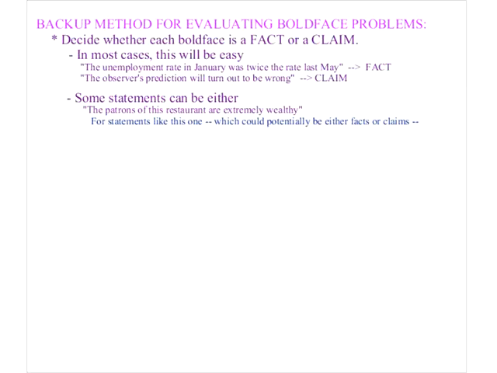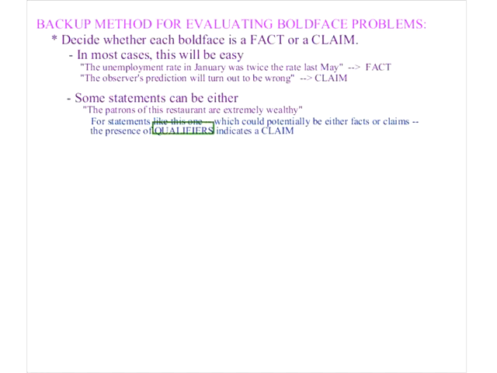But back to this, the way to tell whether these are either fact or claims, the presence of qualifiers indicates a claim. What I mean by qualifiers is statements that qualify the original statement.